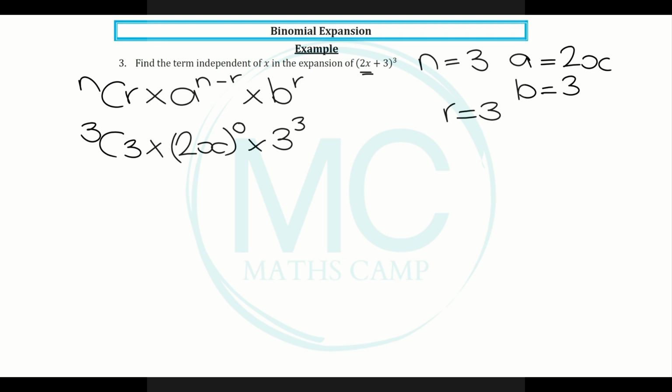When working with nCr, if your n and your r value are the same, nCr is equal to 1. So now we have 1 multiplied by the bracket with an exponent of 0, this is also 1, multiplied by 3 cubed, which is 27. So we can see that in this case, our constant is 27.